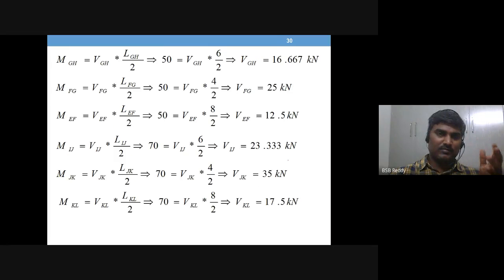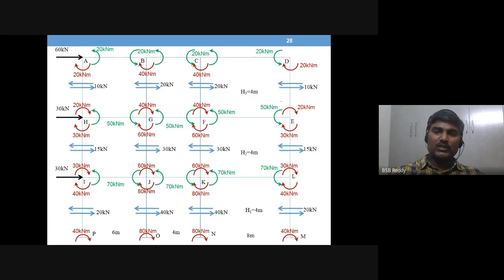Similarly, the next story, like the second story beam, EF, FG, and GH from left to right. Left span 6 meters, middle span 4 meters, right hand span 8 meters. So the maximum shear force in the middle is 25. There are three beams in the sense of a complete floor. If you say a continuous beam, there is the top floor beam, middle floor beam, and bottom floor beam.